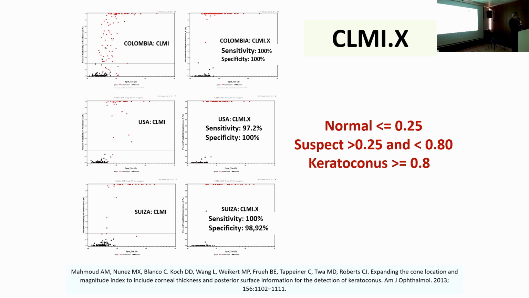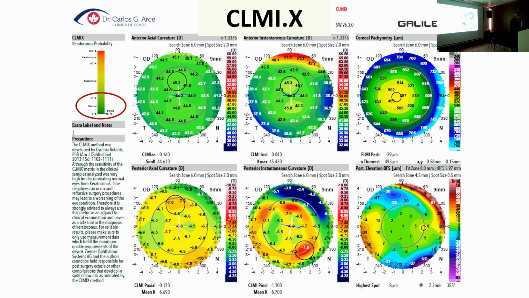The CLMI X is another index that Galilei has that combines curvature, anterior and posterior, best fit sphere, and pachymetry. And you can see these incredible numbers of sensitivity and specificity, which is published, much better numbers than the Belling-Ambrosio display.